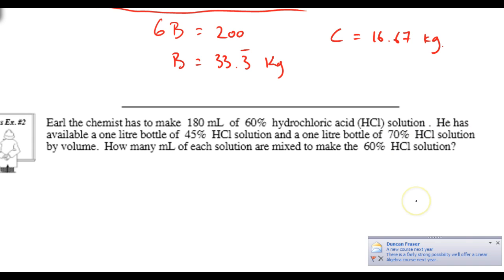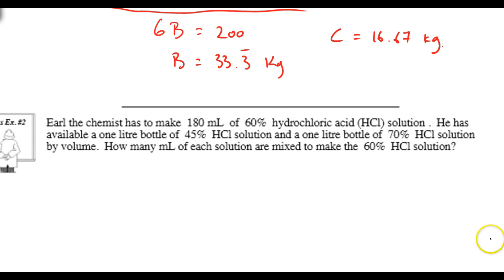So basically, we have different concentrations of HCl, and we want to come out with 60% HCl from these two separate bottles. It asks how many liters of each solution are mixed to make the 60% hydrochloric acid solution.